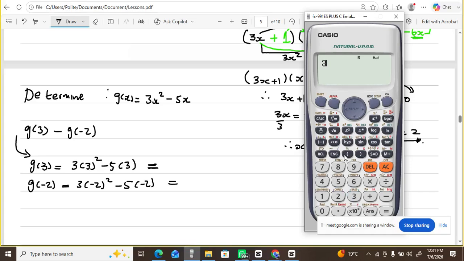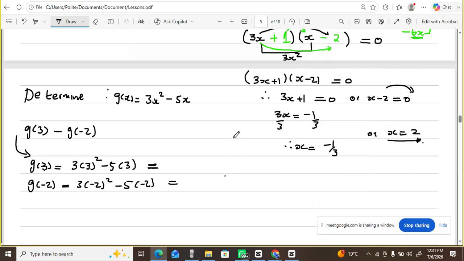So we have 3 into 3 to the power 2, squared, then this is minus 5 into 3. Close the bracket. This gives us 12. So the top part is 12. Then we do the same with minus 2, and this gives us 22.